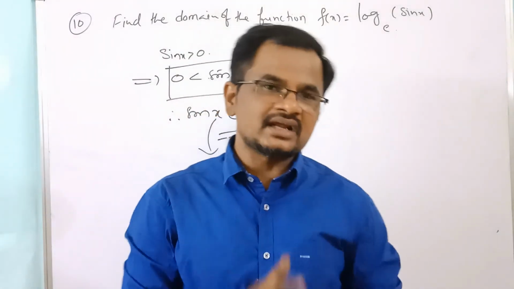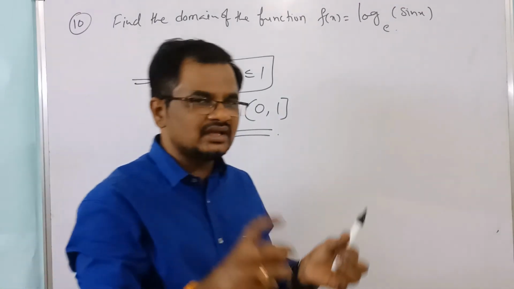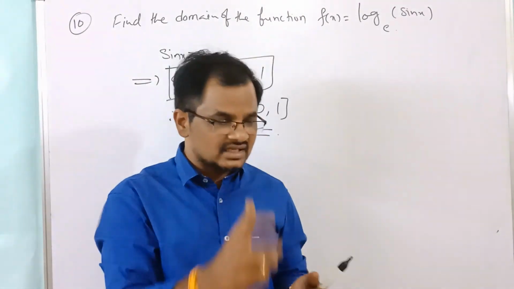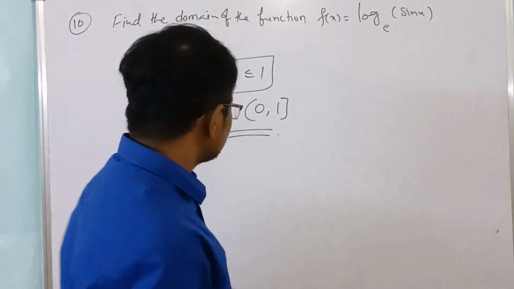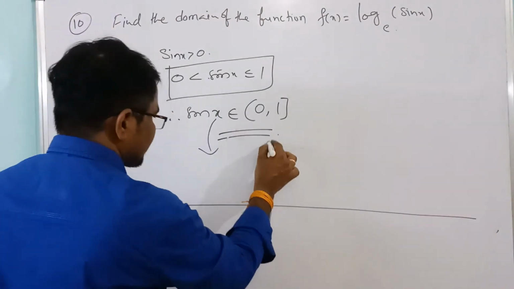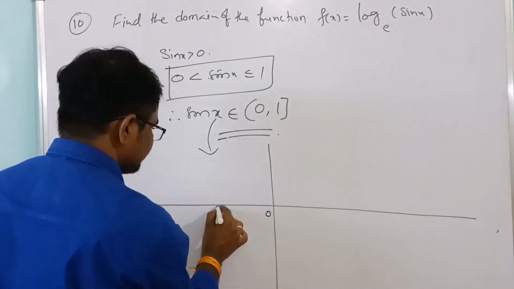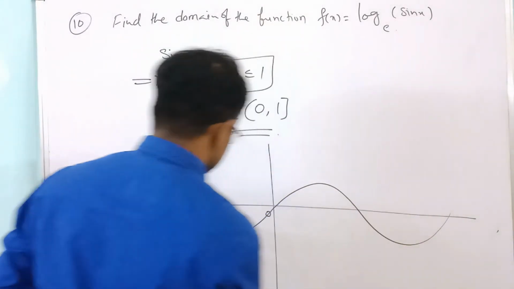If you take the graph, very clearly you can identify the required option, right? So for that you take the graph of sin x like this.